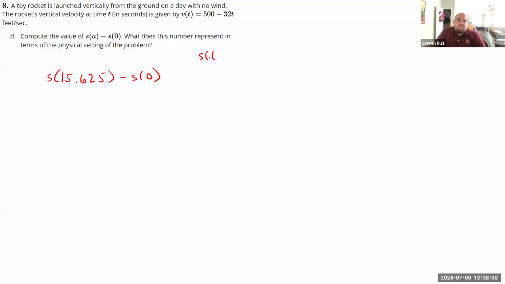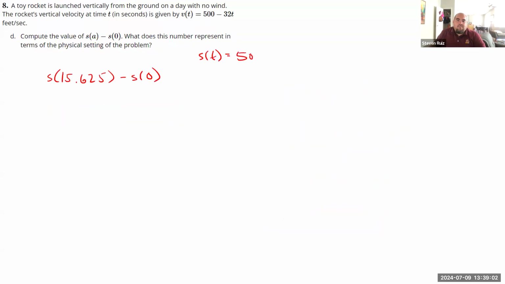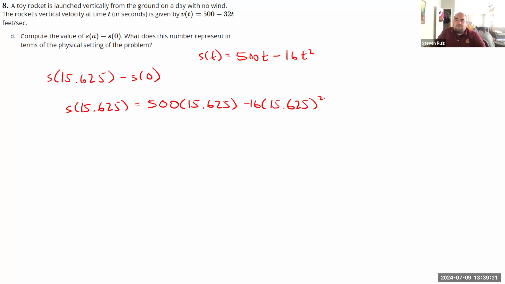We said s of t in general was 500t minus 16t squared. So what is s of 15.625? That's equal to 500 times 15.625 minus 16 times 15.625 squared.